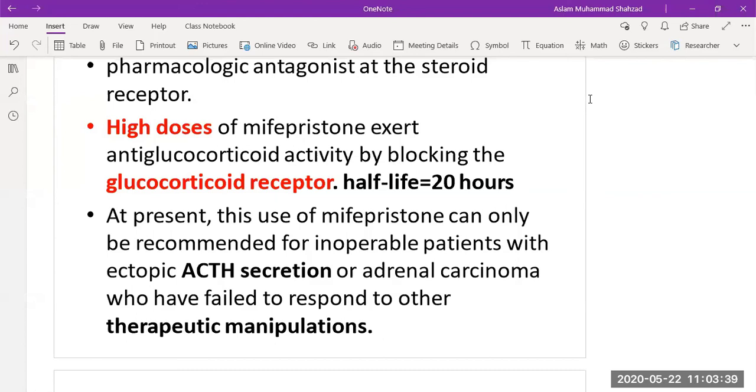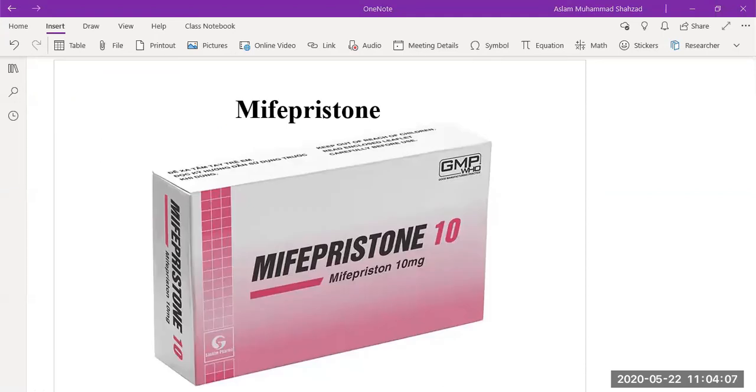Currently, it is used for inoperable patients with degenerative or ectopic ACTH secretion, or because of adrenal carcinoma, who fail to respond to other therapeutic drugs. So the drug is used commercially.